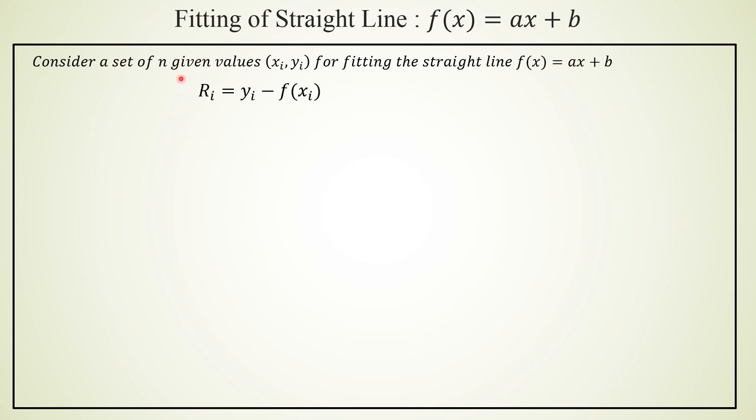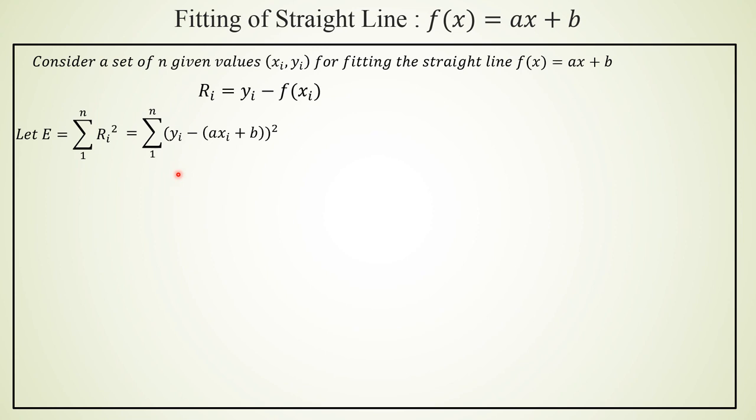Then we know that the residue Ri is equal to the difference between the observed and the theoretical values, and let capital E be equal to the summation of the squares of the residues, that is equal to the summation of (yi minus (axi plus b)) whole square, where i is varying from 1 to n.